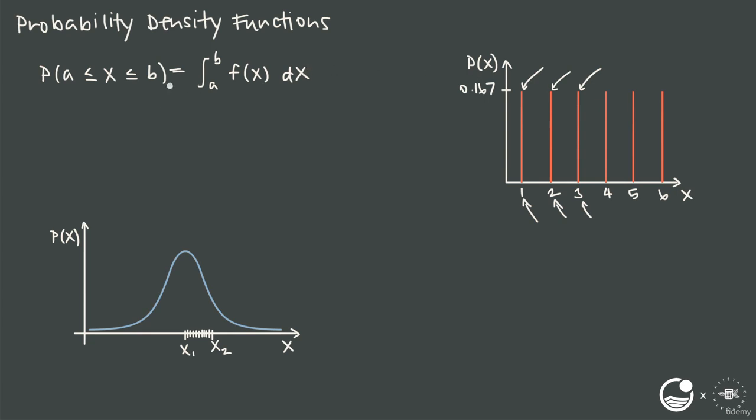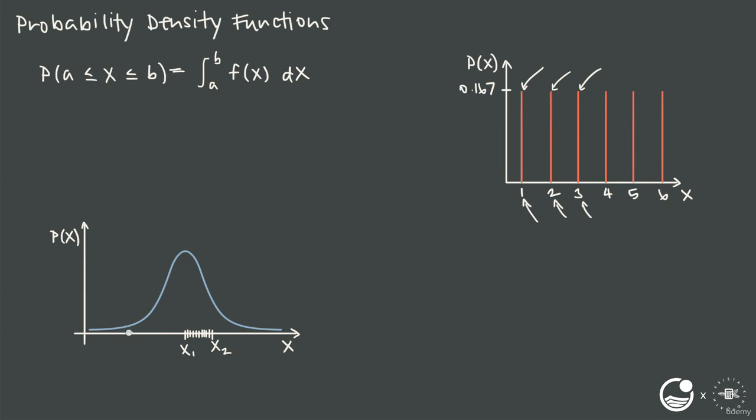When we transition to the continuous random variable and the probability density function, we are no longer going to calculate the probability that x takes on a specific value. And the reason for that is because it's essentially impossible for us to measure the probability that x takes on an exact value when we're dealing with a continuous random variable.